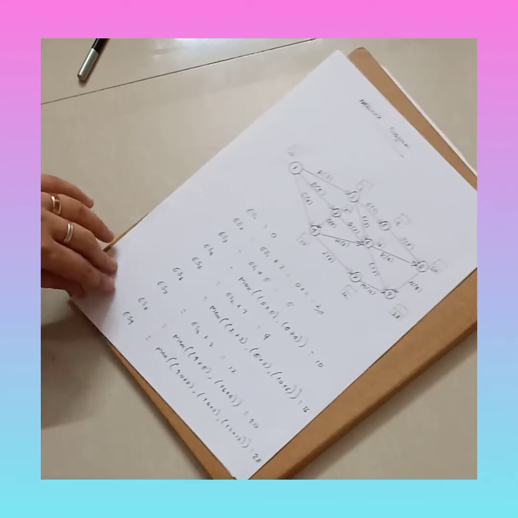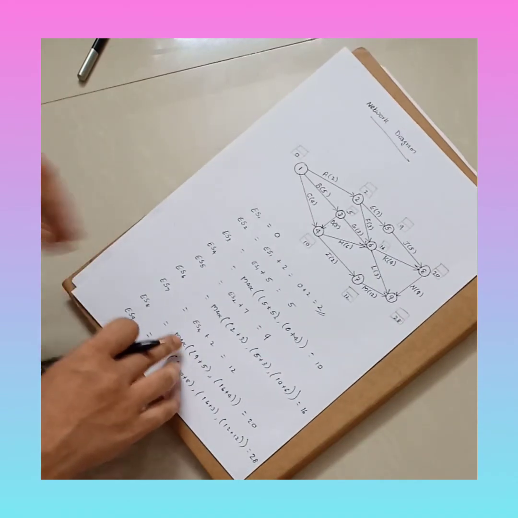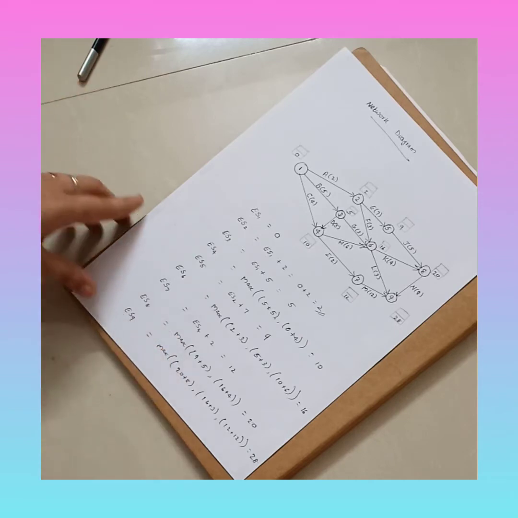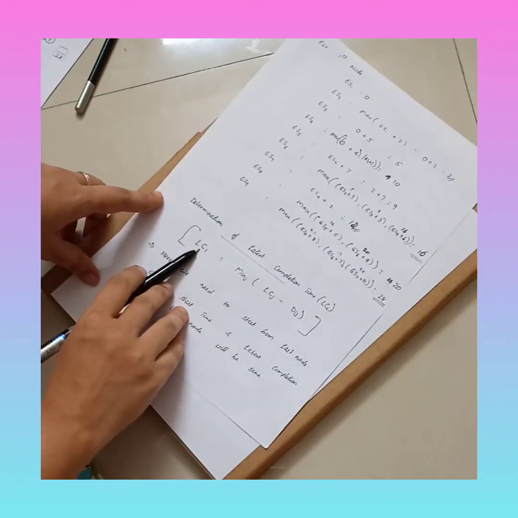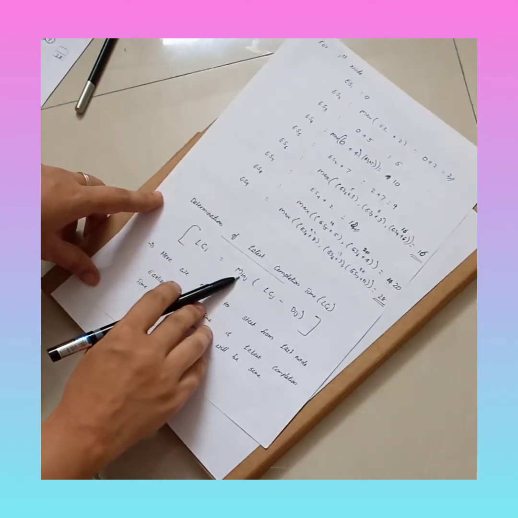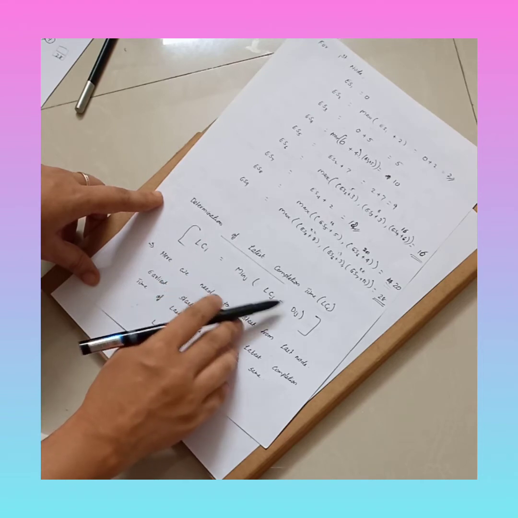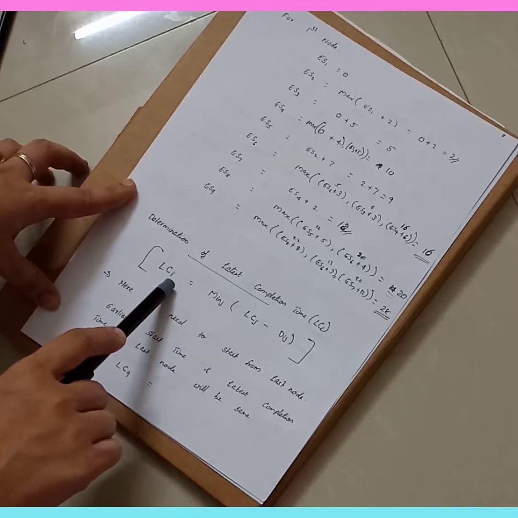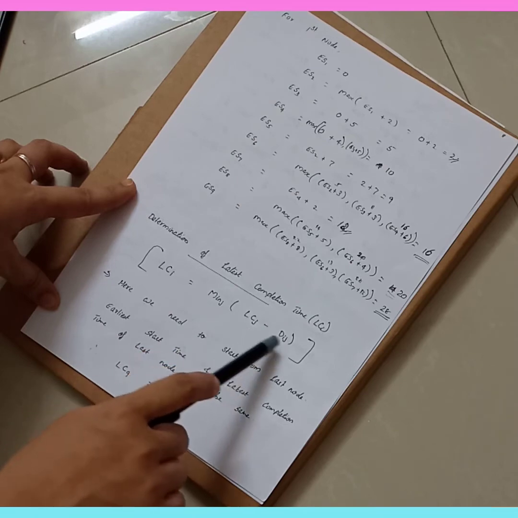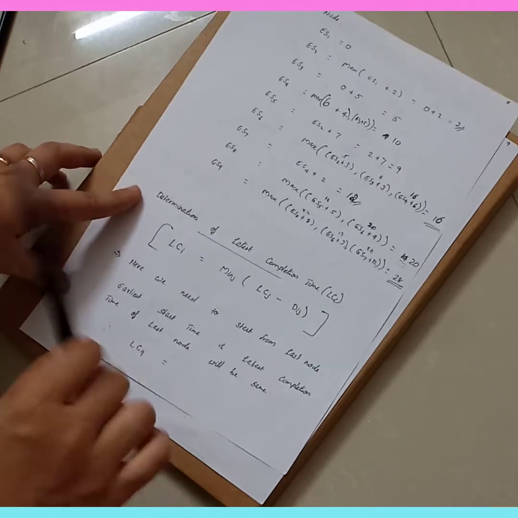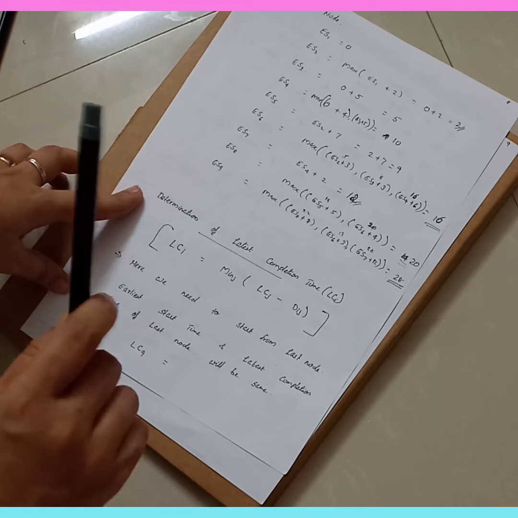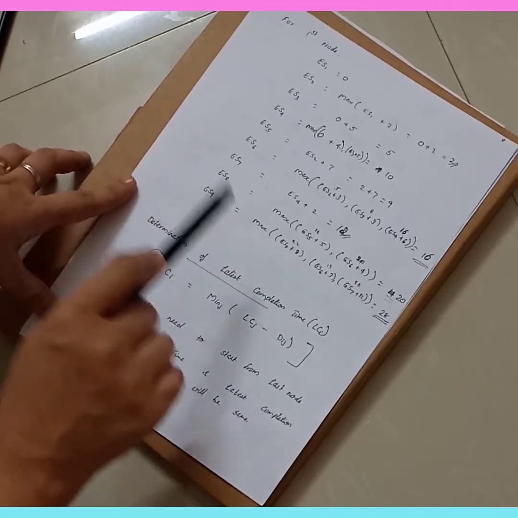Okay. Now the second step is to find the latest completion time. So again you have a formula, LC of i is equal to minimum of LCj minus Dij. So here every time we need to start from the last node. That means this is the 9th node, right?